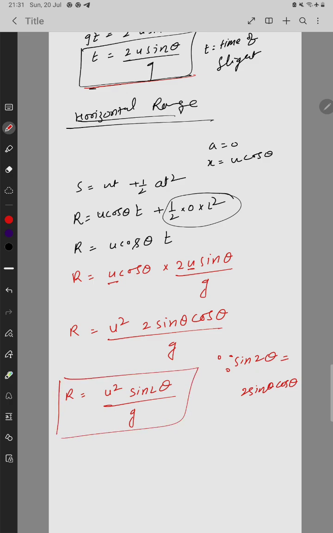This is for range, student. Range of projectile motion. Now what other things can you do, dear student, in this case?